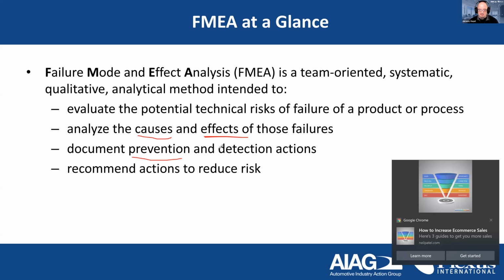So if it doesn't do what it is supposed to do, how do you know? And lastly, the last piece of FMEA as an overview is that you then decide which actions you are going to take based on the risk to the thing not doing what it's supposed to do.